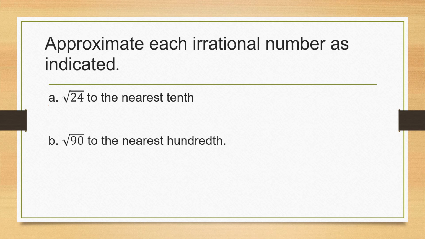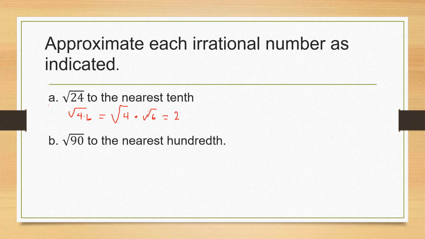So if we're going to get the square root of 24, if we use the long method, 24 is 4 times 6, right? 4 times 6, okay. And the square root of 4 is 2. All right, so we can separate that. We can use square root of 4 times the square root of 6. Okay, the square root of 6. Okay, the square root of 4 is 2.